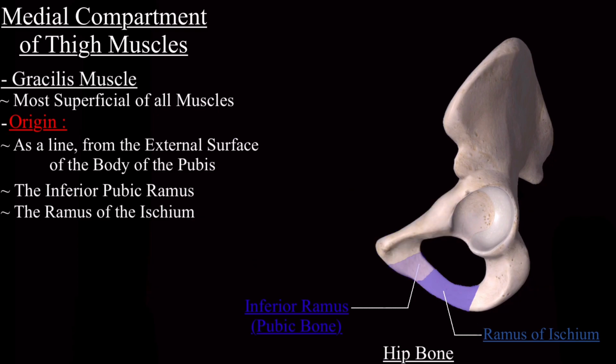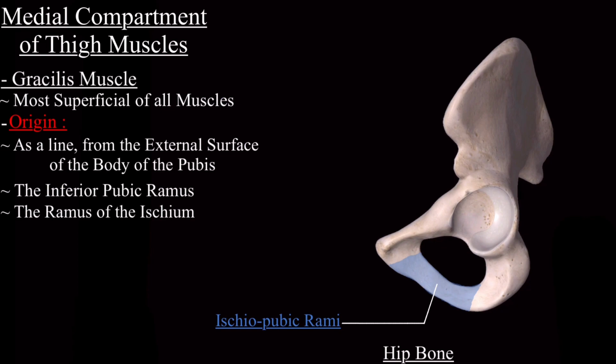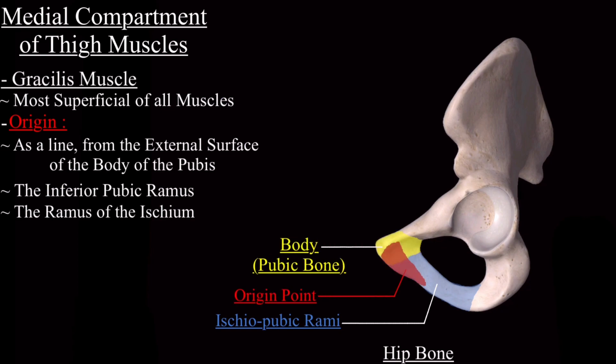Together, the inferior pubic ramus and the ramus of the ischium is called the ischiopubic rami. So we can simply say that the gracilis muscle originates from the body of the pubis and the ischiopubic rami.